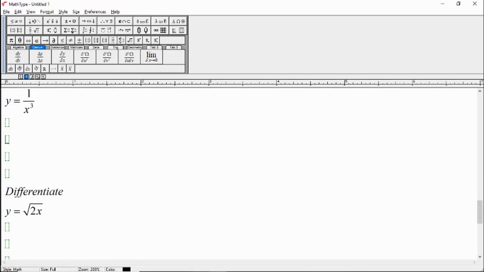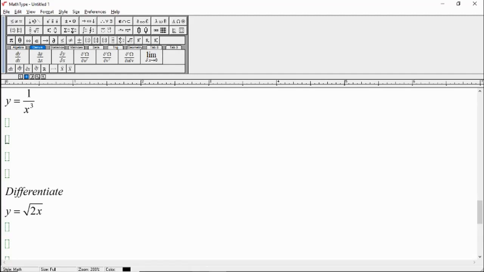Next question. y equals 1 over x cubed. This is when we are dealing with negative powers. You're probably wondering, how will I be able to deal with this? When you're dealing with negative powers, I'll show you why this fraction is actually a negative power.